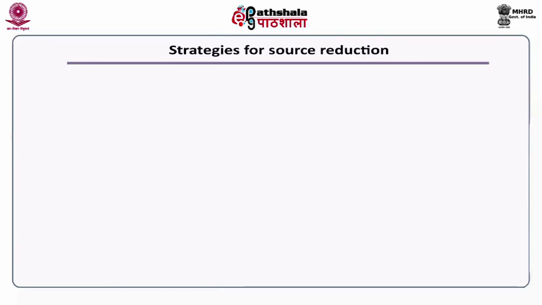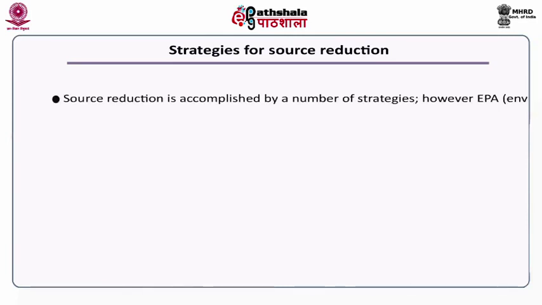Now, the strategies for source reduction: source reduction can be accomplished by a number of strategies. However, based on the Environmental Protection Agency, we will look into a few examples.